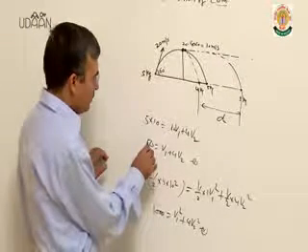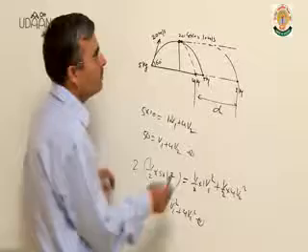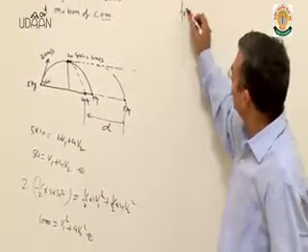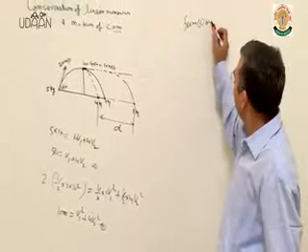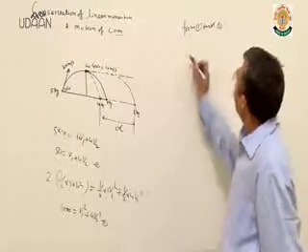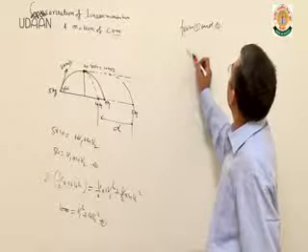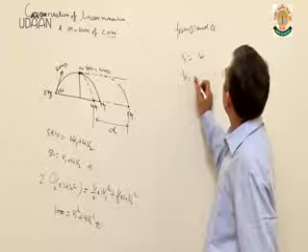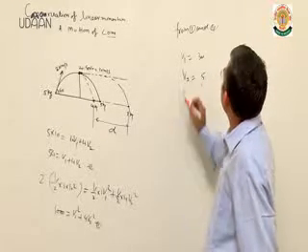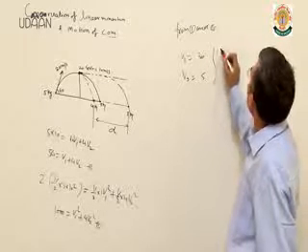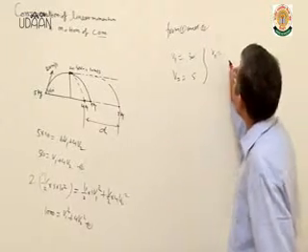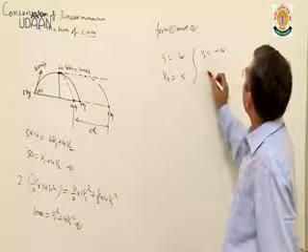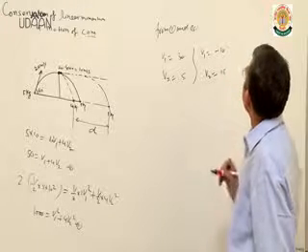From 1 and 2, after solving, you will find v1 is 30 and v2 is 5, or v1 is minus 10 and v2 is 15.